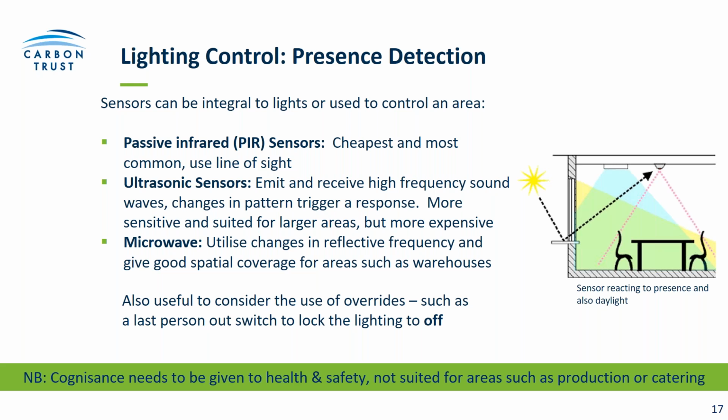You would need to give consideration to any health and safety concerns, so they wouldn't be suited to areas such as production or catering, where switching on and off the lights would cause problems. And it's also useful to consider the use of overrides such as the last person out switch that we mentioned, just to lock the lighting off so that the controls aren't effectively switching on lighting from movement whenever there's nobody in the building.